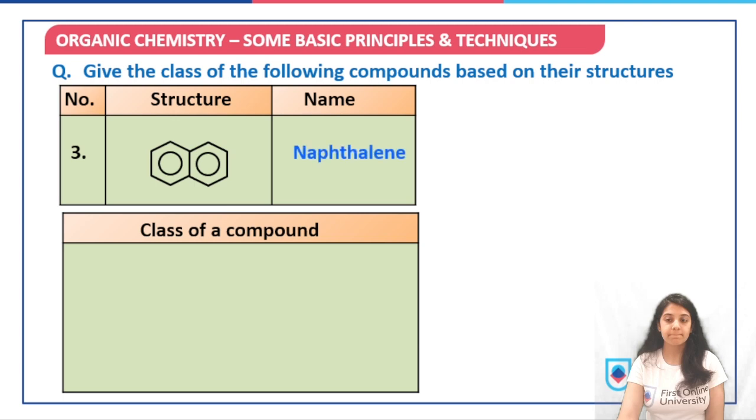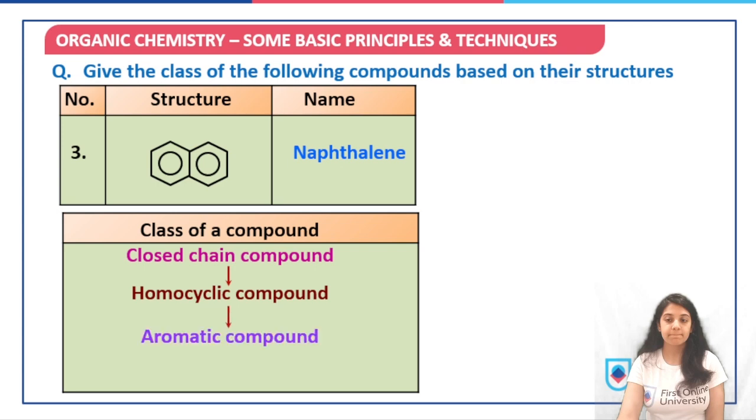The name is naphthalene here. What is the class of the compound? It is a closed chain compound, which is homocyclic. Further, it is an aromatic compound, which is benzenoid in nature.